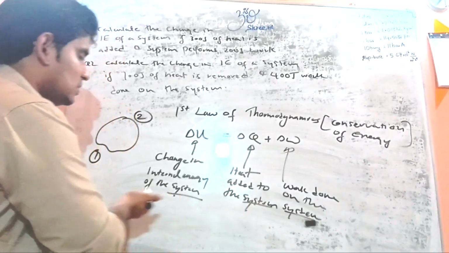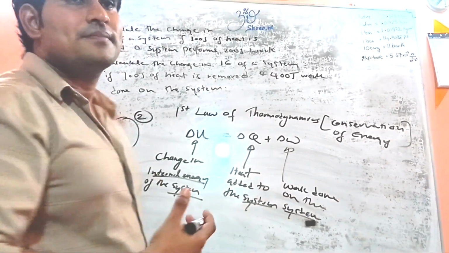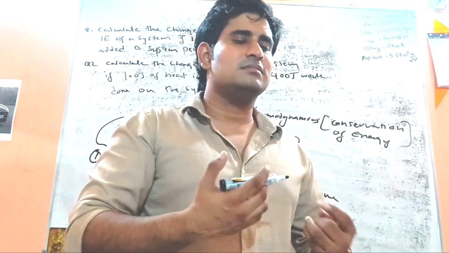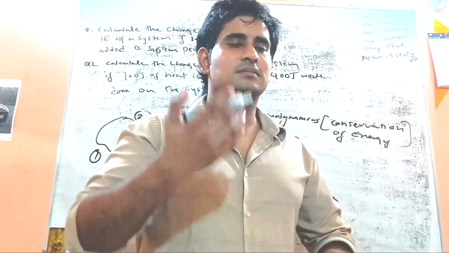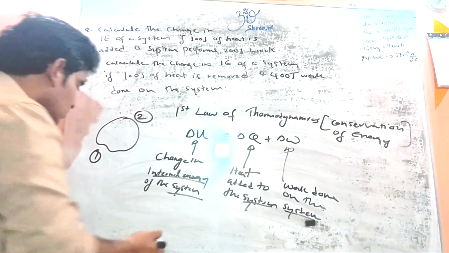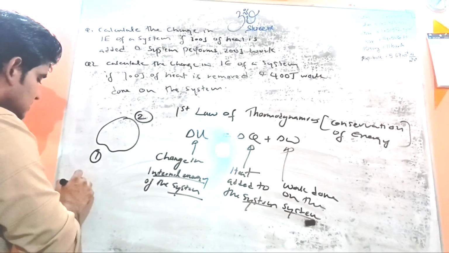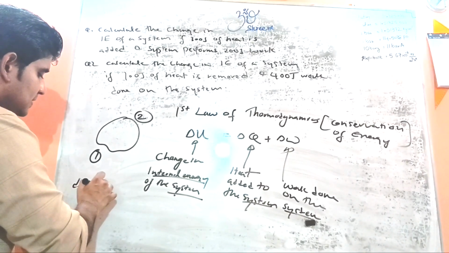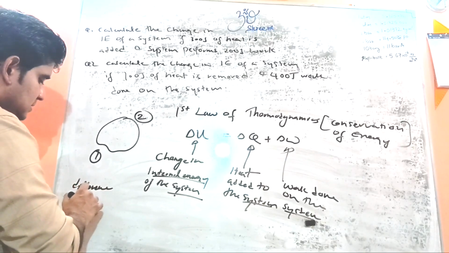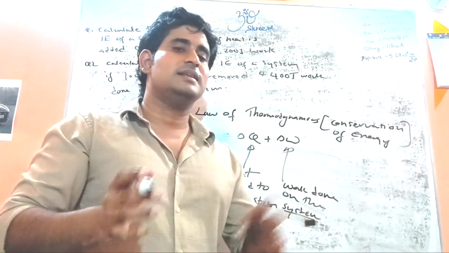So then what is the change in internal energy? So generally the term change means the difference, right? What is the difference? So how we are going to calculate the difference? That is always whatever the final value minus the initial value, right?